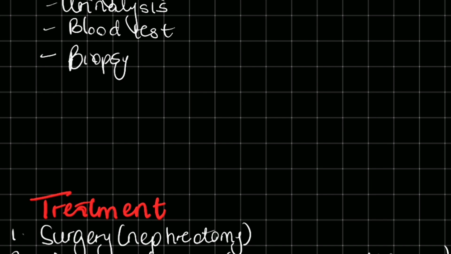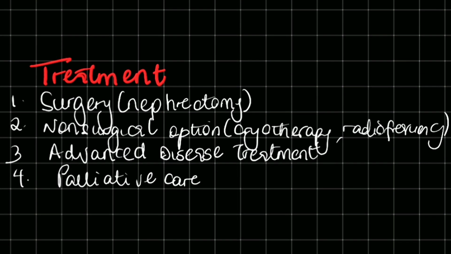The last one, the treatment for RCC involves surgery with or without systemic therapy, while urothelial carcinoma will usually involve surgery plus chemotherapy. So that's it, guys.